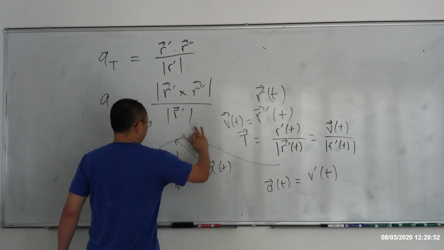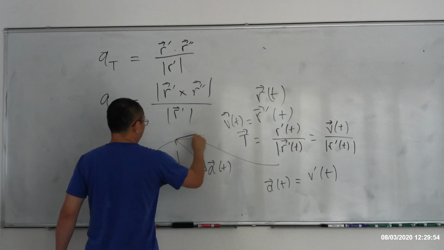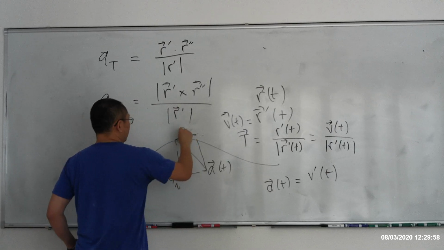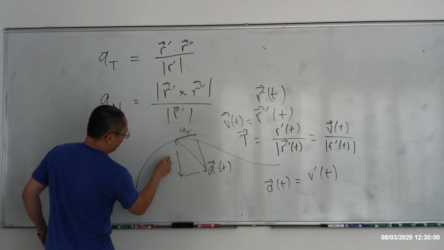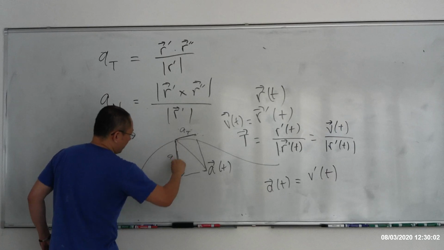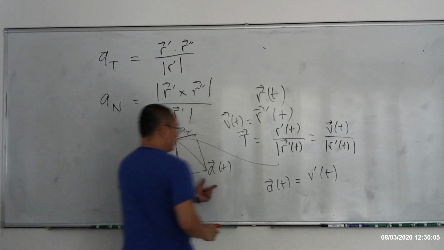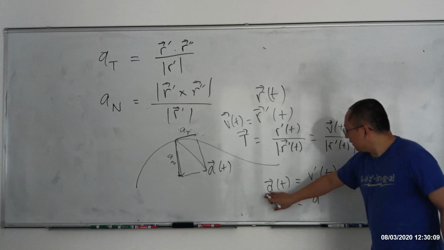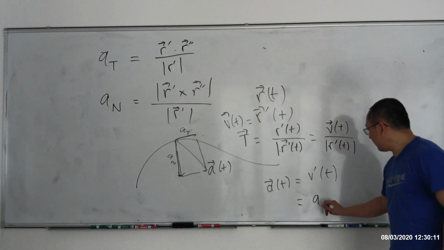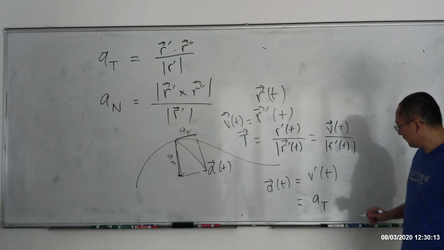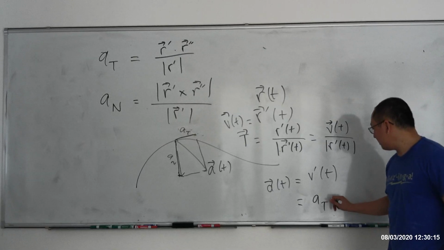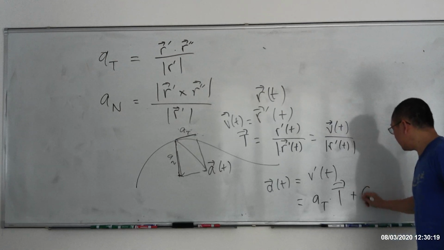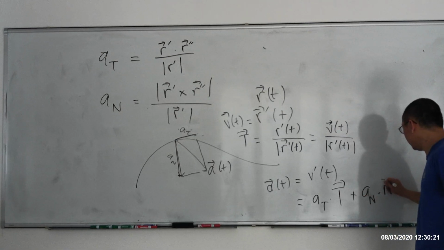The length right here is AT. This length right here is AN, okay? So the acceleration with respect to velocity is going to be the tangential part AT times vector T plus AN times vector N, okay?